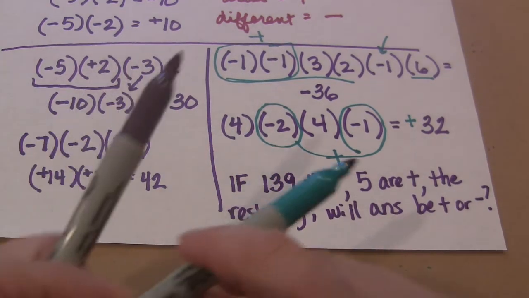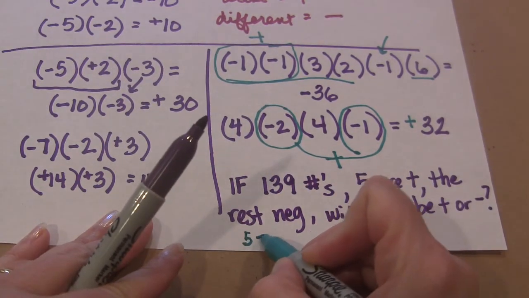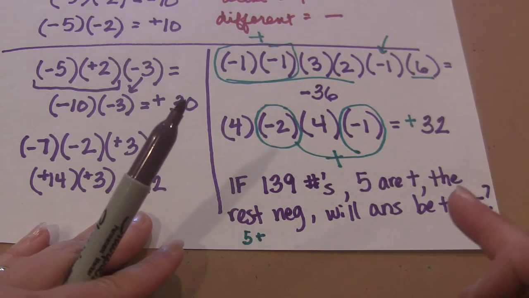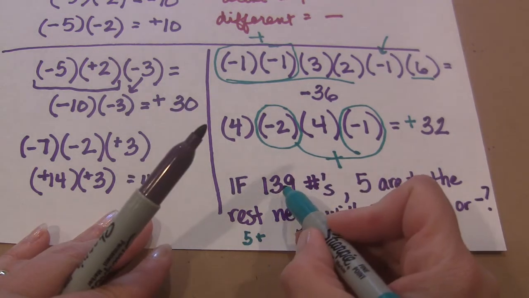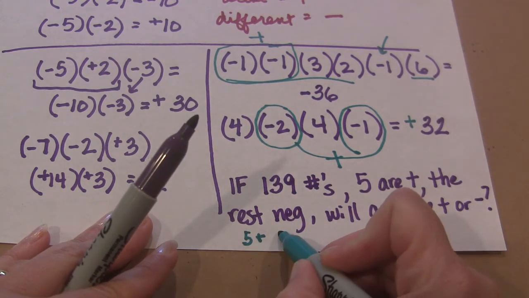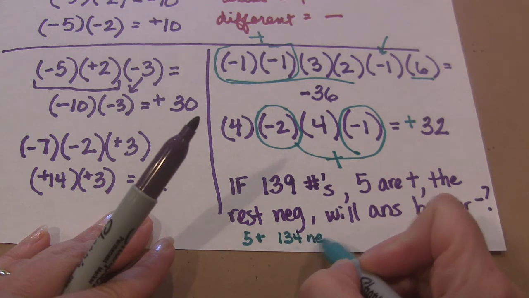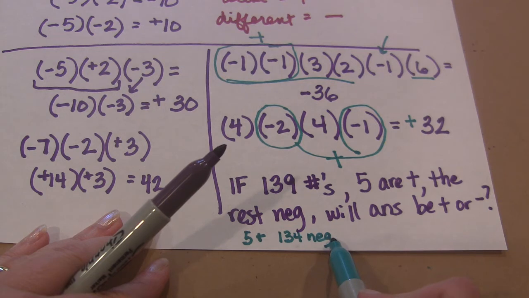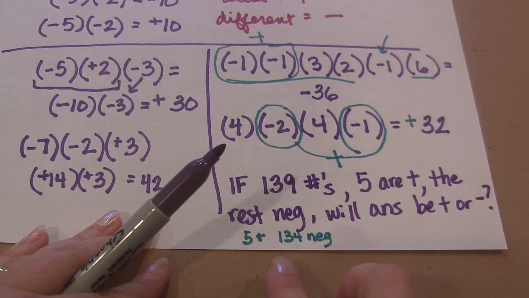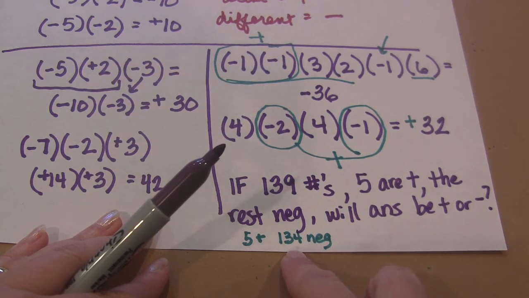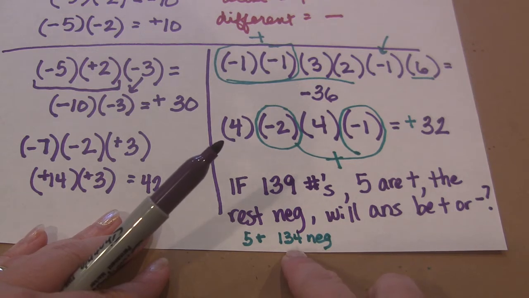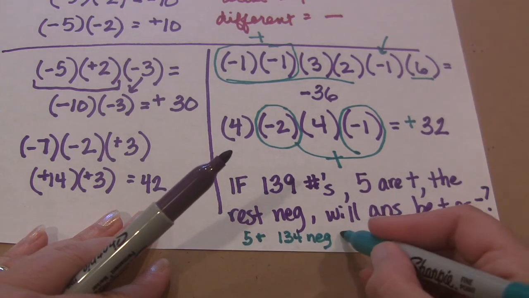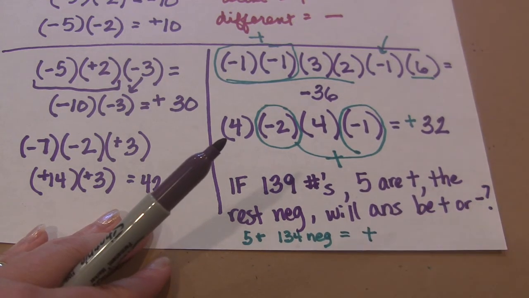We have 139 numbers. 5 of them are positive. So how many of them are negative? We're going to assume none of them are 0. Well, that would be 139 minus 5. So 134 negative, right? So I have an even number of negatives which means they'll all match up. I would have exactly 67 negatives matched up with another 67 negatives, all to make positives. So my answer is going to be positive.